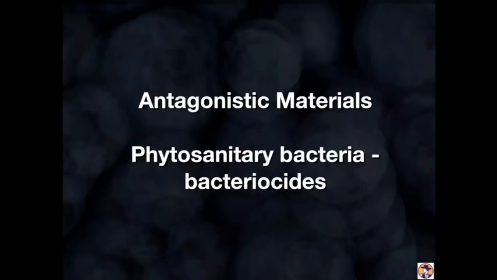One material that we use a lot is Micro 5000, which is a blend of phytosanitary bacteria that colonize the leaf surface and have a symbiotic relationship with the plant that is very similar to the symbiotic relationship that bacteria and mycorrhizal fungi have in the root system. So we have this symbiotic relationship happening on the leaf surface.